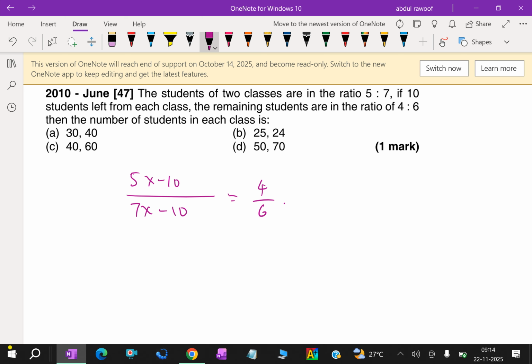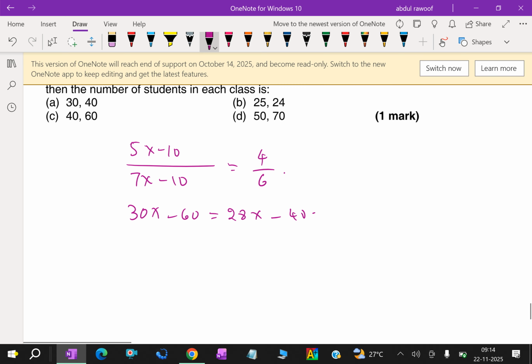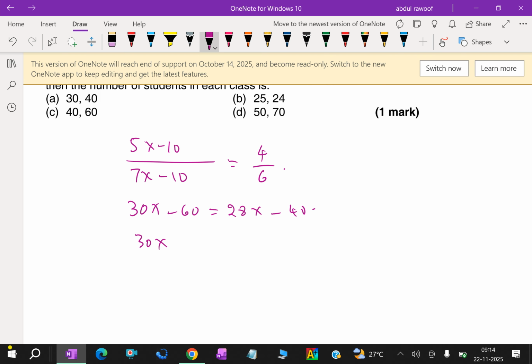By cross multiplying, 5 into 6 is 30x, minus 60, and 6 into 10 equals 28x minus 40. Here, 30x minus 28x equals 60 minus 40. 2x equals 20, x equals 10.